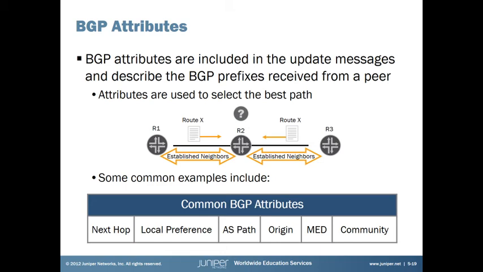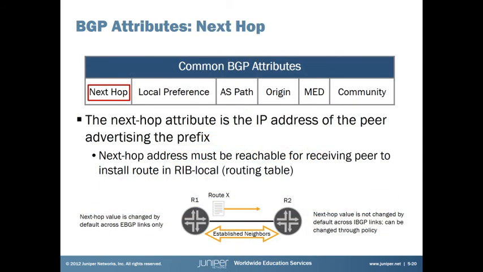Here are some of the common ones: next hop, local preference, AS path, origin, MED, and community. We'll take a look at what they are, because these are ones that are commonly used, sometimes always used, like next hop, always there. AS path is always there, has to be there. Let's take a look at them.